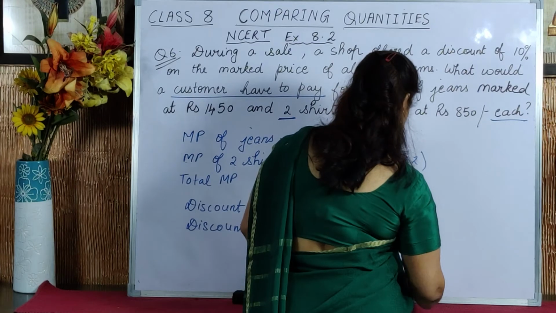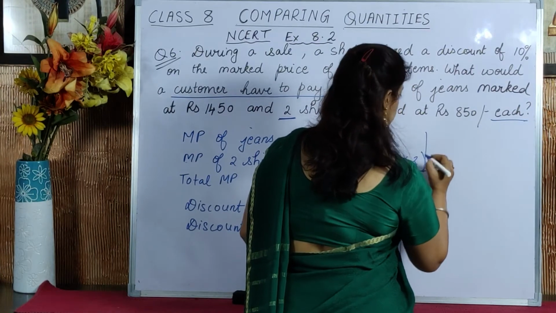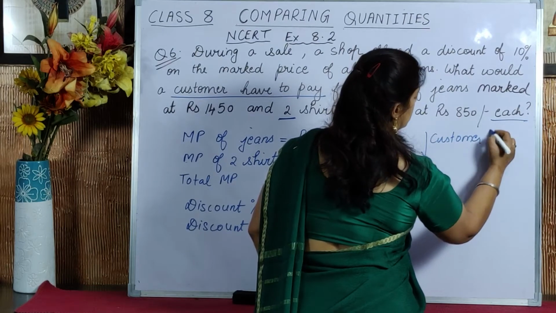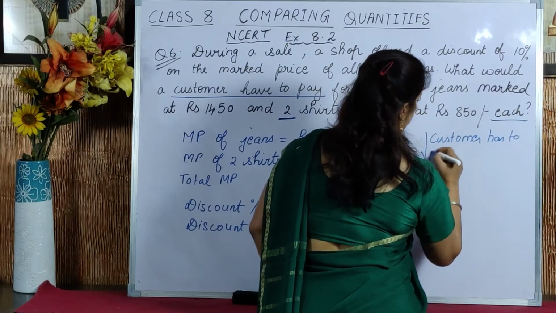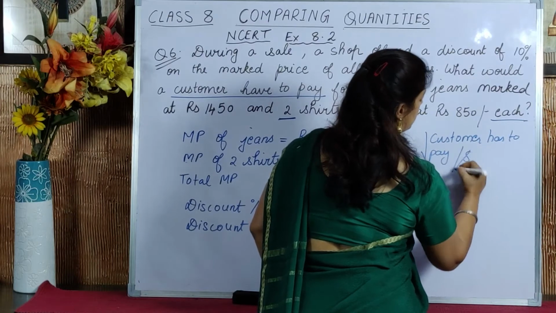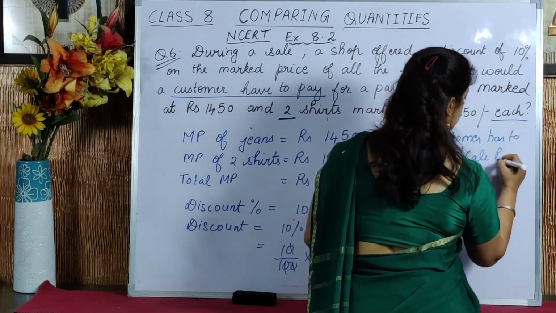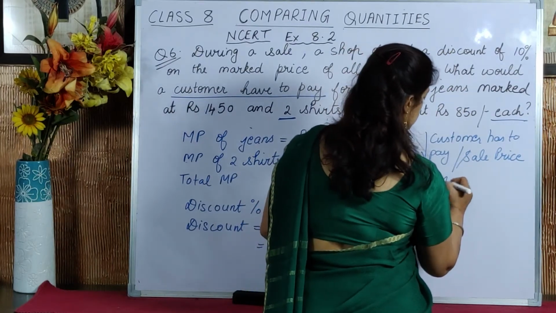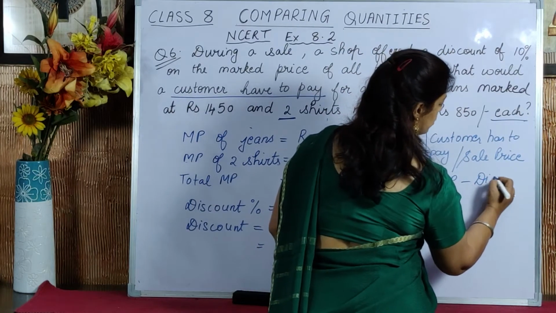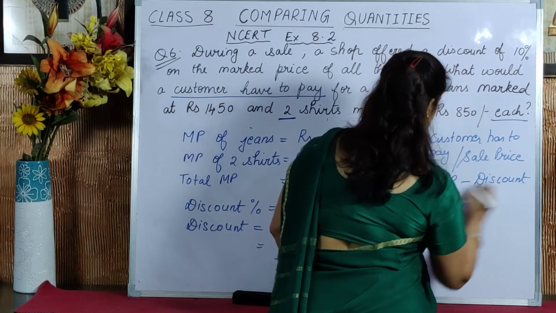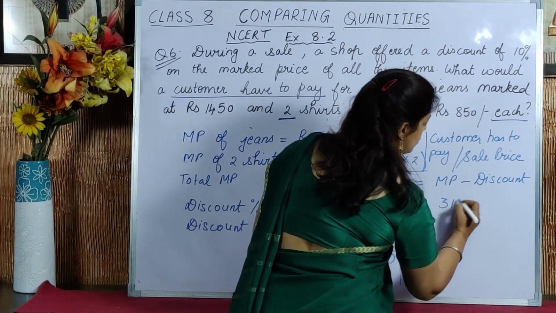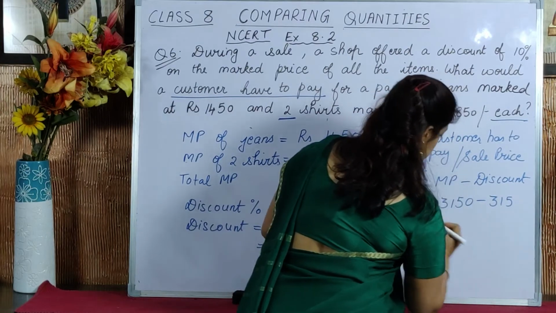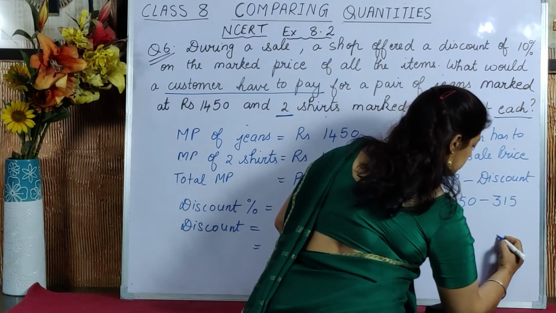So what is the price the customer has to pay, or the sale price, you can say? That is marked price minus the discount, which is equal to 3150 minus 315.